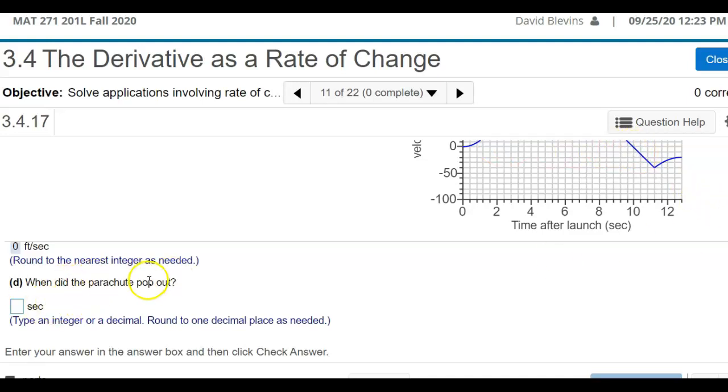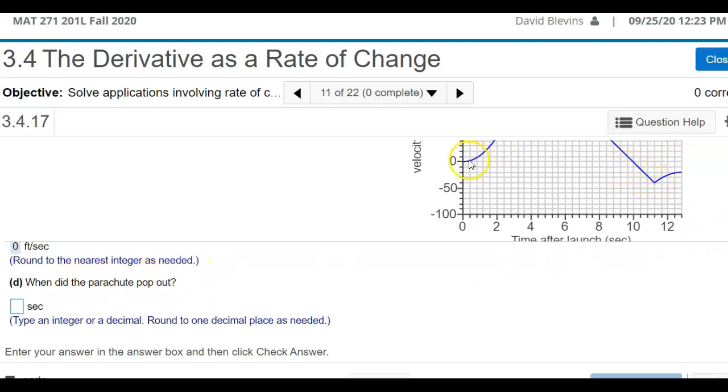All right. When did the parachute pop out? The parachute opens while we're descending. We've descended for a little while, and now the velocity is negative. Again, let me draw that back in there. We've descended for a little while once we've achieved that value right there. Once again, this is 10, this is 12. There are 1, 2, 3, 4, 5 points between those.